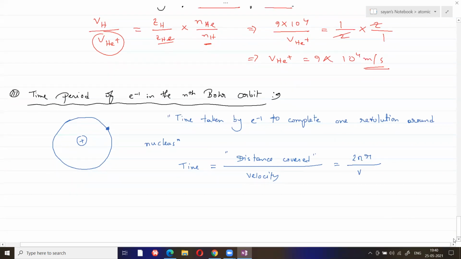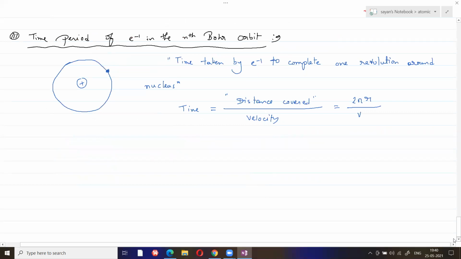Now we all know the value of r. Suppose I take T equals 2 into pi, which is 3.14, and r equals 0.529 n square by Z, divided by the velocity. Velocity, which I already discussed last class, is 2.188 into 10 to the power 6 Z by n. Now this part is constant for all.